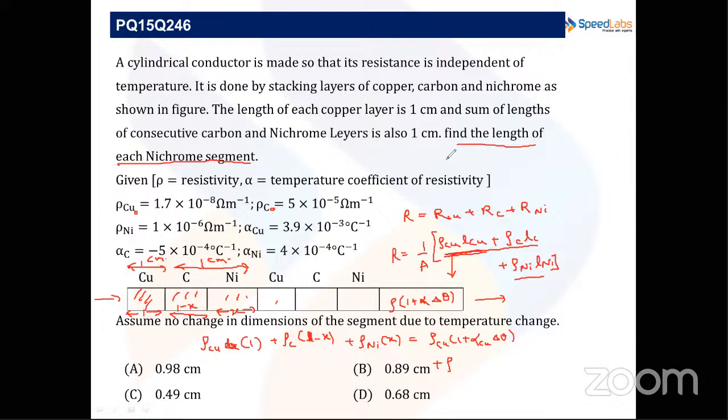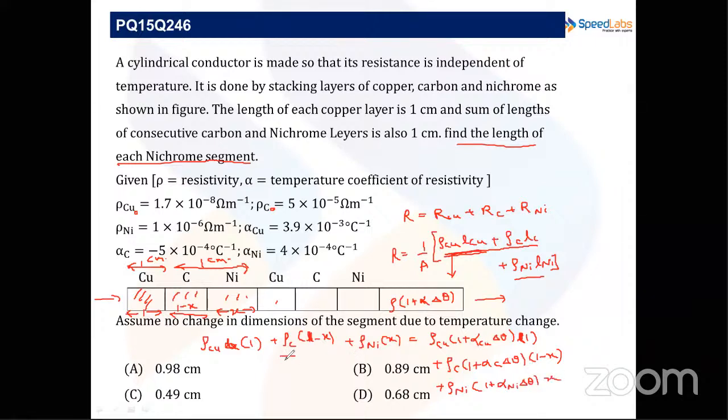He has said something about length: assume no change in dimension of the segment due to temperature change. Last line. So length will remain same. Length is still 1. Then resistivity of carbon into 1 plus alpha carbon delta theta, and length is 1 minus x, plus resistivity of nichrome into 1 plus alpha nichrome delta theta into x.